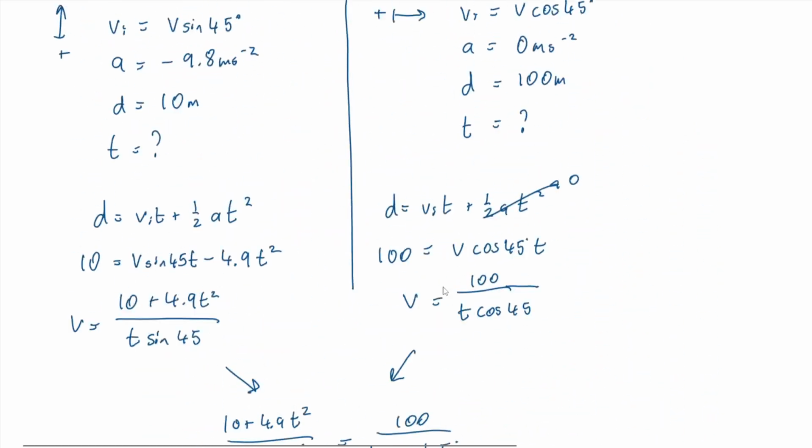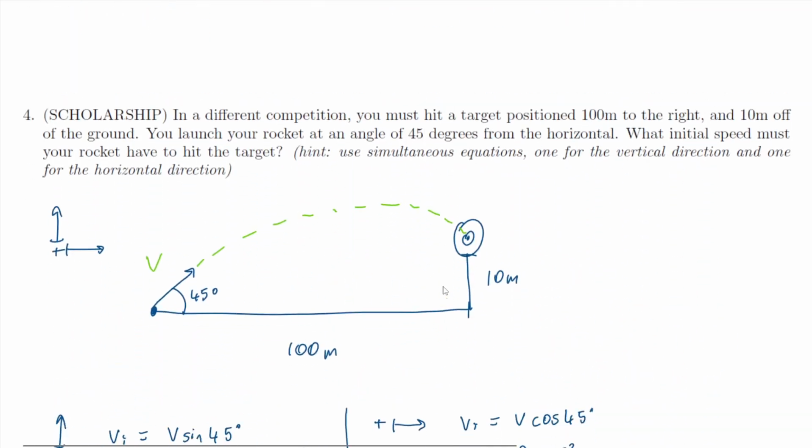So what does that mean? At 33 meters per second, the vertical component and the horizontal component are such that the path passes through the point 100 to the right and 10 meters up.